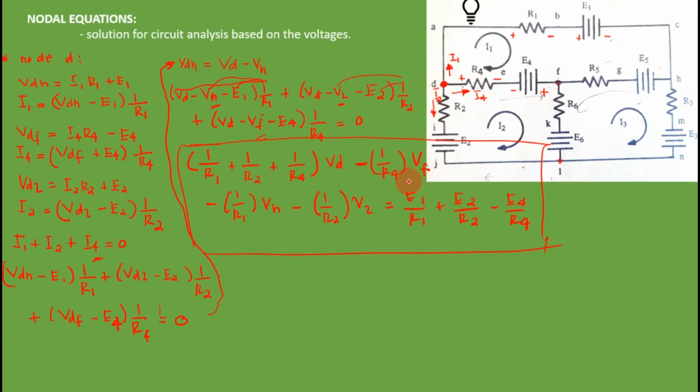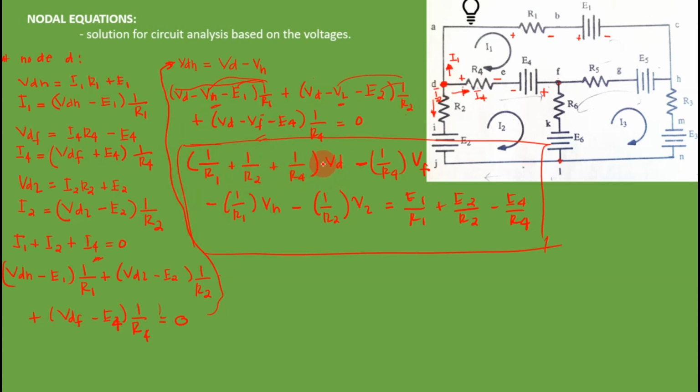Now if you do it with this tedious process, it is hard to set up the equations. But if you know the system for every node, you just add the inverses of the resistances at the node and multiply by the voltage of the node in consideration.